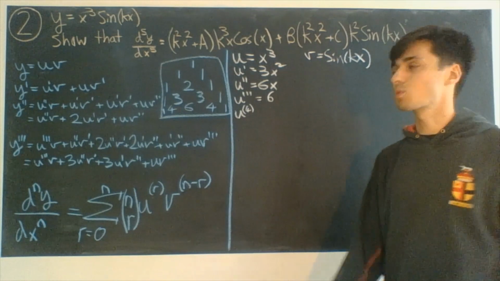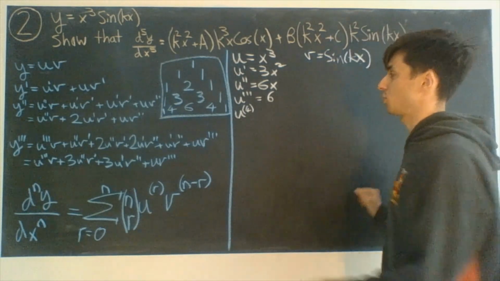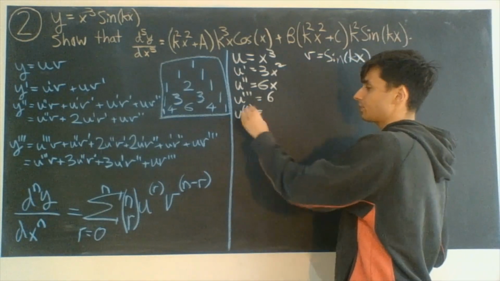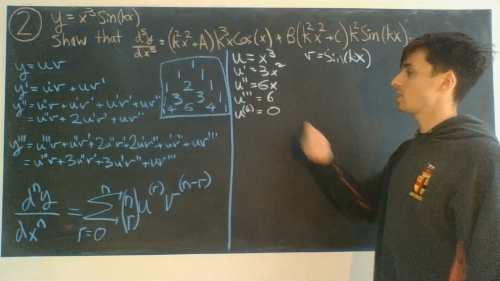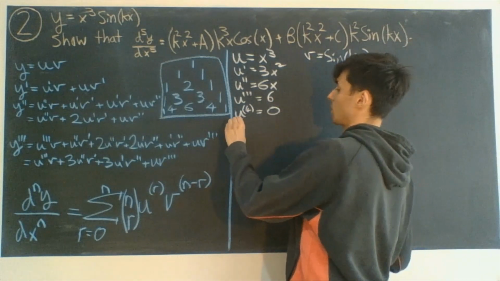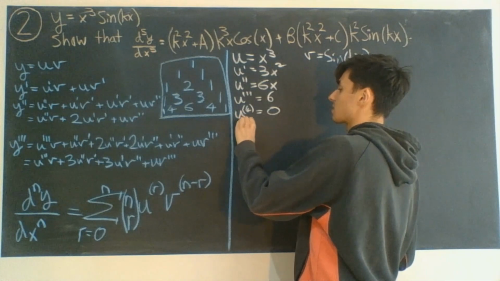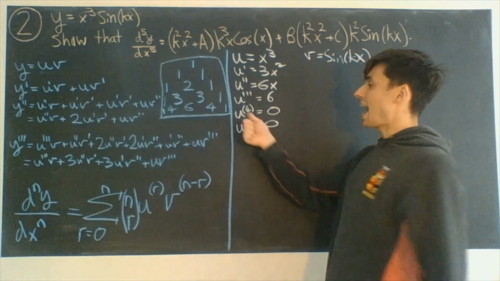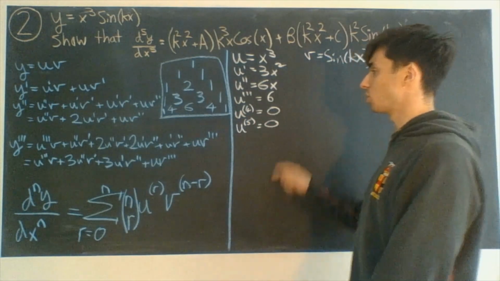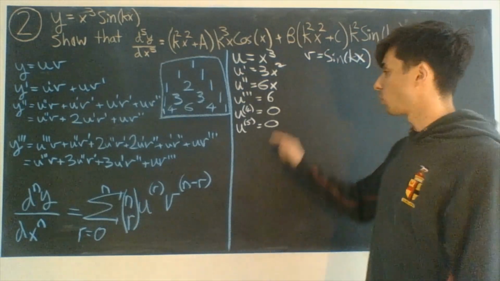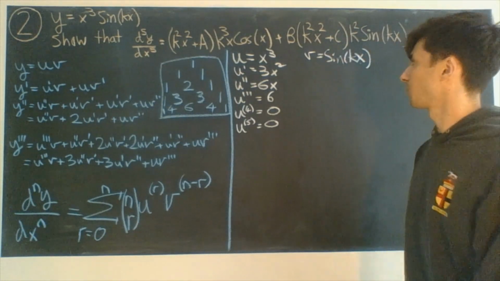Not to be confused with the fourth power of u, this is the fourth derivative. This will be 0, because when we differentiate a constant, we just get 0. And then nicely for us, any higher order derivative of u is still going to be 0. Once we get to that 0, we're stuck.